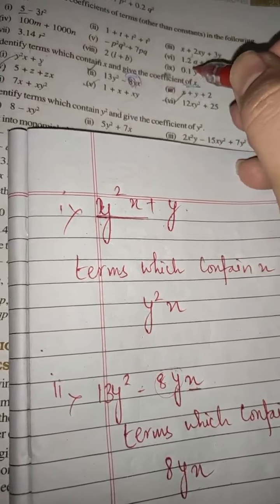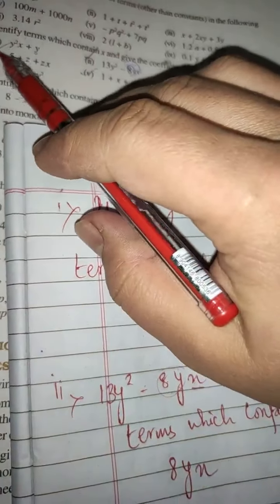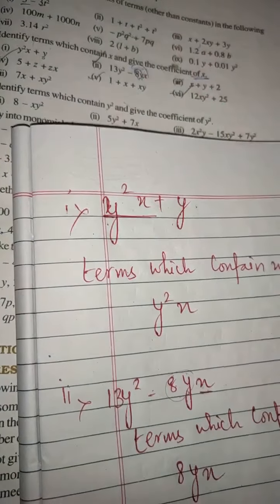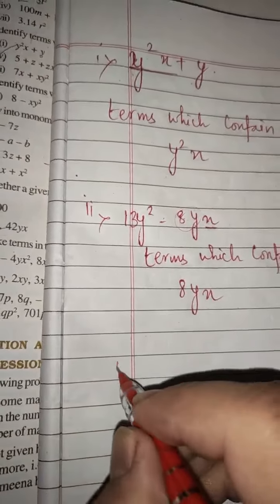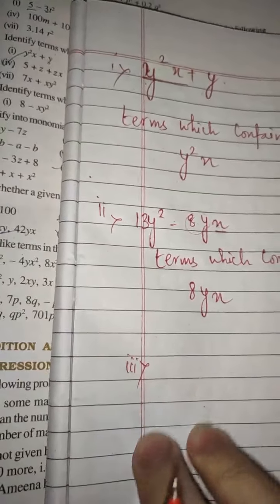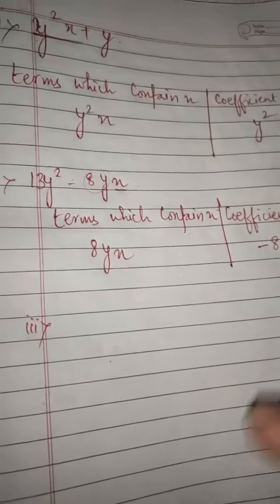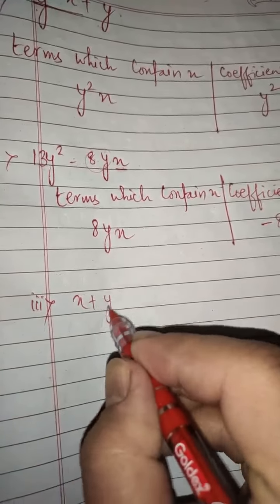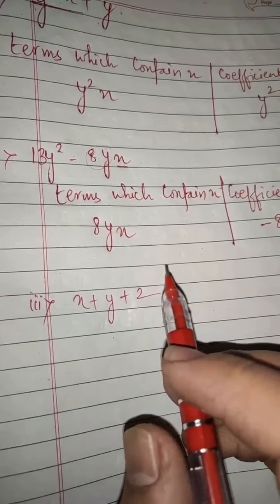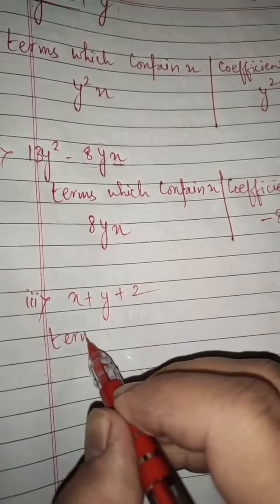So I'll do the last part of this question, and 4, 5, 6, 7 you are going to try yourself. Okay, so number 3 question I'm copying here. Number 3 question is x plus y plus 2. What are the terms which contain x?